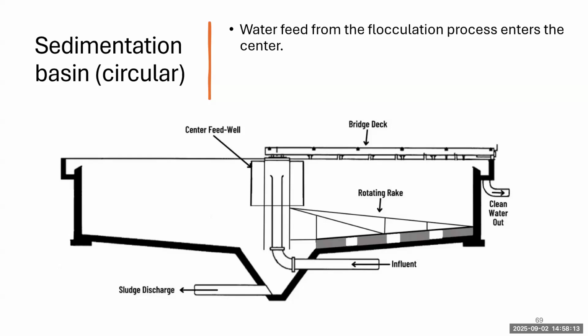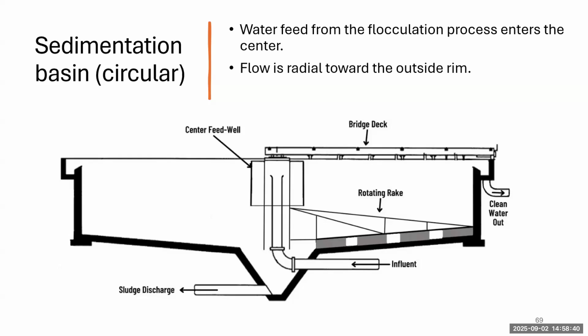You can see on the lower right side of the image a rotating rake. There's a rake that will rotate very slowly, and it pushes the sludge toward the center hopper, that V-shaped part of the basin where it's collected, and then there's a pump that will remove the sludge and send it to a drying bed.